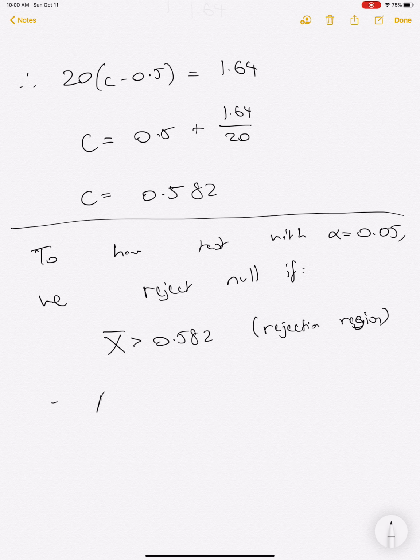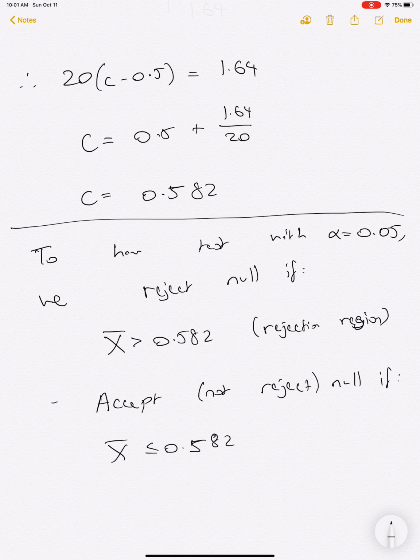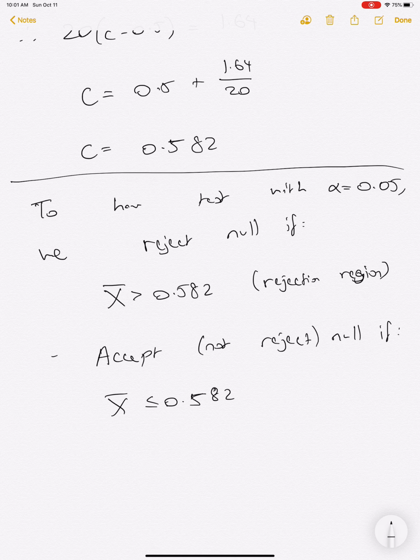And then we'd accept, I prefer to say not reject, to be honest, if x bar is less than or equal to 0.582.